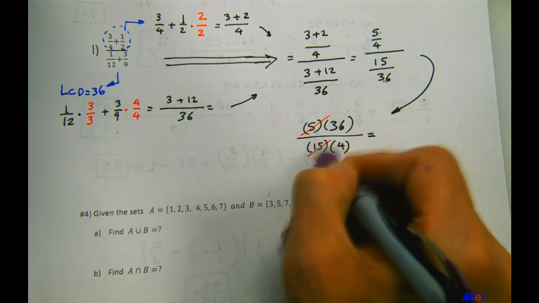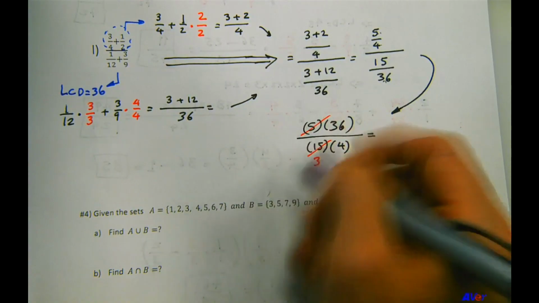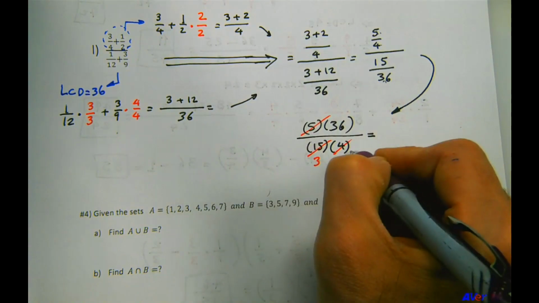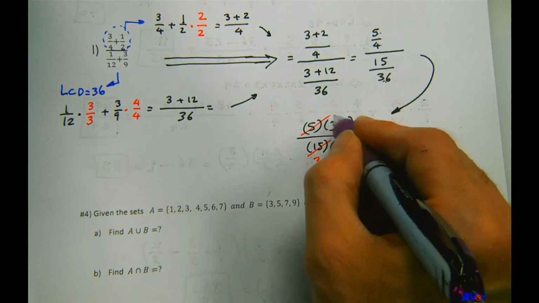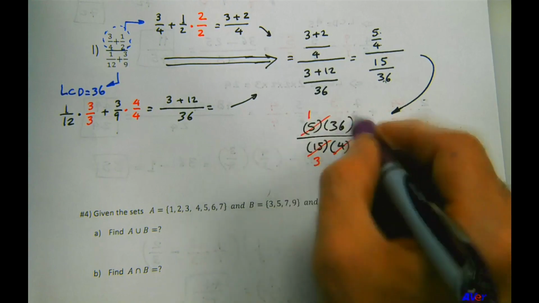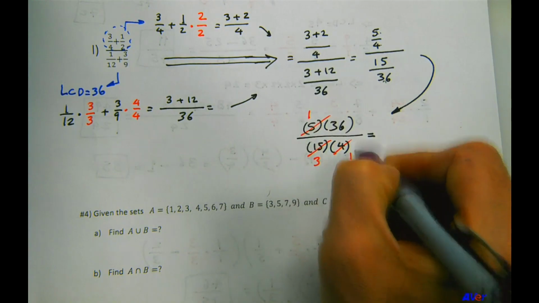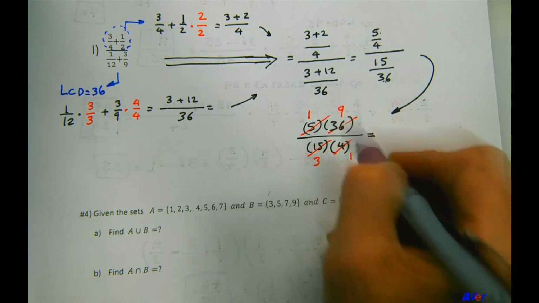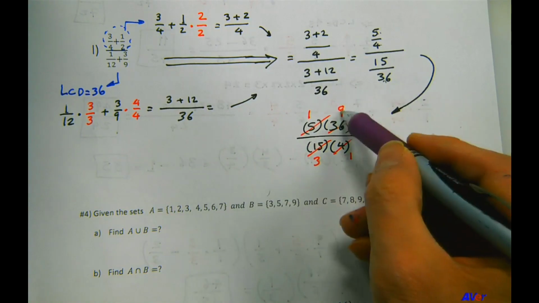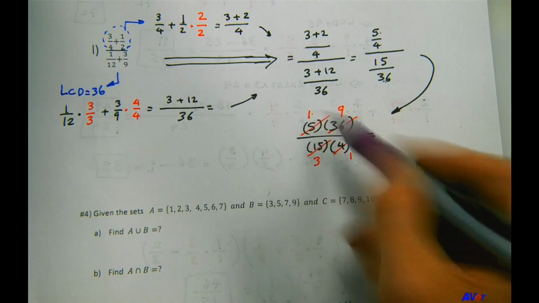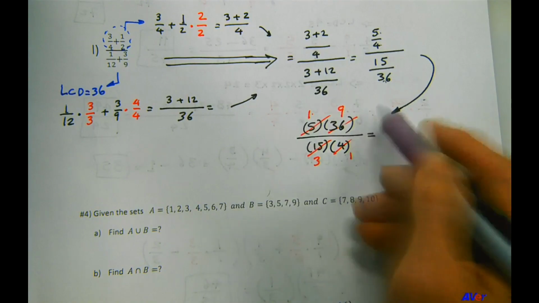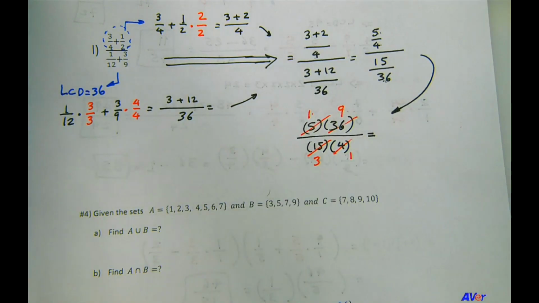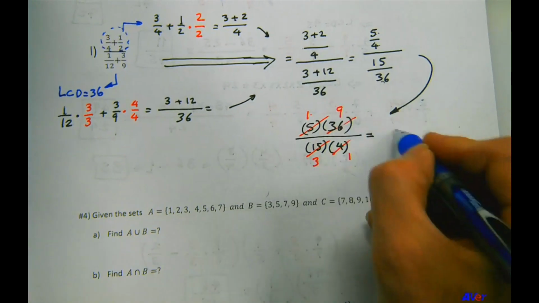The 5 of 15 and that 5 cancel out. 4 goes away, we're left with 1, and with the 4 factor of 36, we're left with 9. And then 9 times 1 is 9, over 3 times 1 is 3, so we end up with 9 over 3, right? 3.